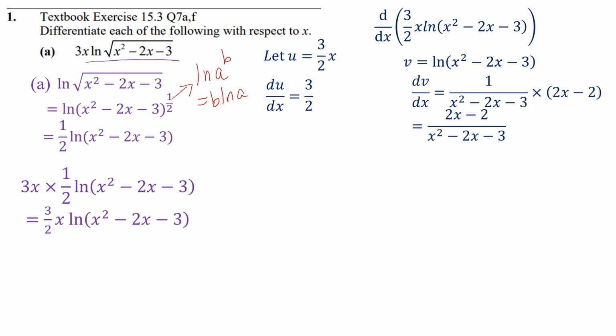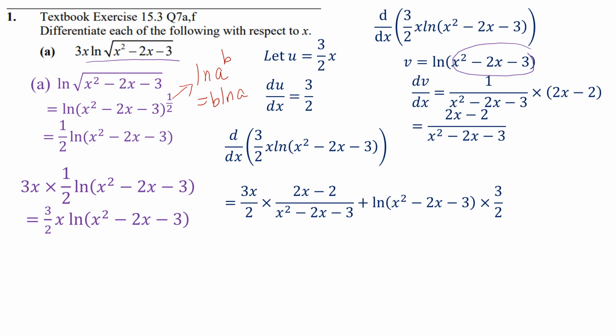And dv over dx basically will just be 1 over the denominator, then times differentiation of whatever is inside the bracket, that will give us 2x minus 2. Then you just put them into one single fraction. Right, so the next step is write down the formula for the product rule, u dv over dx plus v du over dx, and you just substitute in. All right, so this we can just combine into a single fraction, just multiply numerator and denominator.